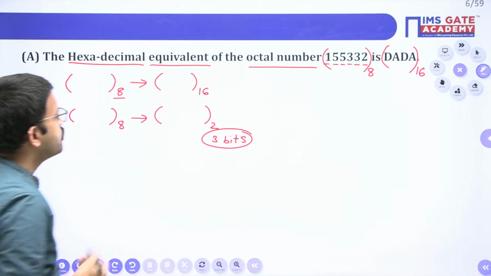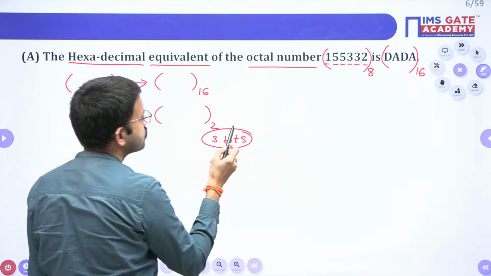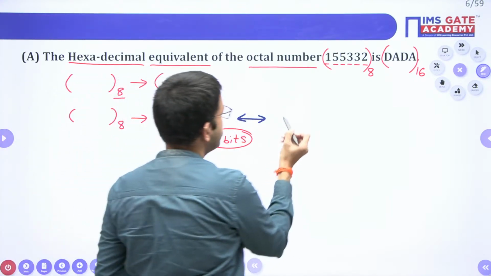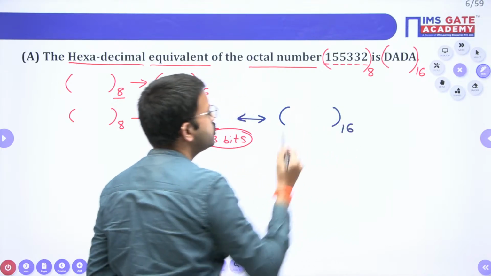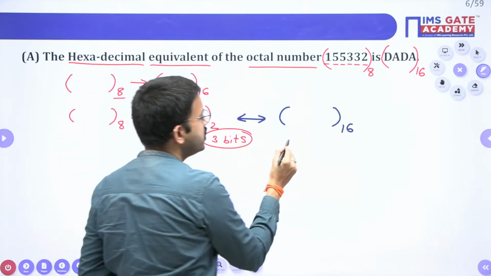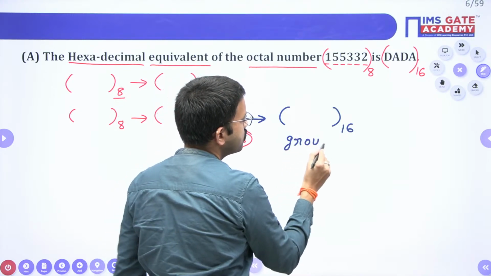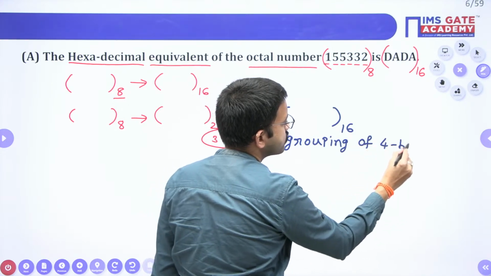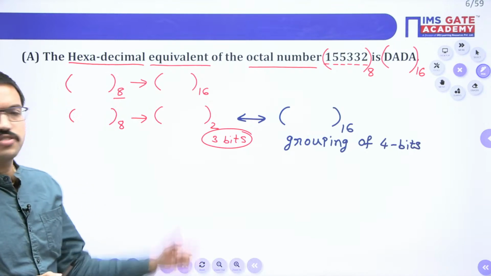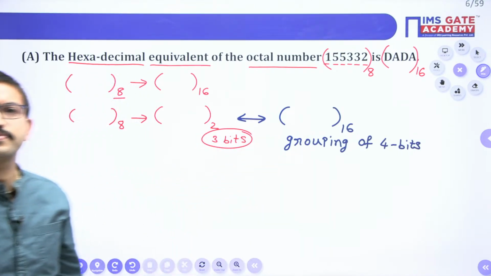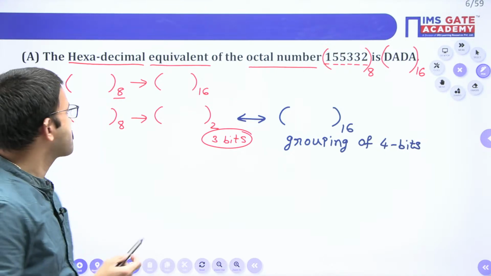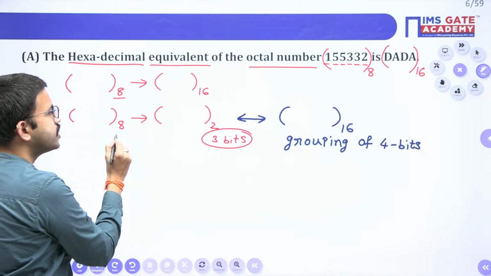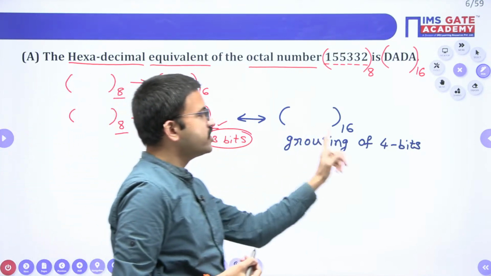Now, whatever binary number we got, we can convert into the corresponding hexadecimal by grouping 4 bits, and we will get the corresponding hexadecimal digits. I hope all of you understood how to convert octal to hexadecimal: first convert octal to binary, and then convert that binary number into hexadecimal.